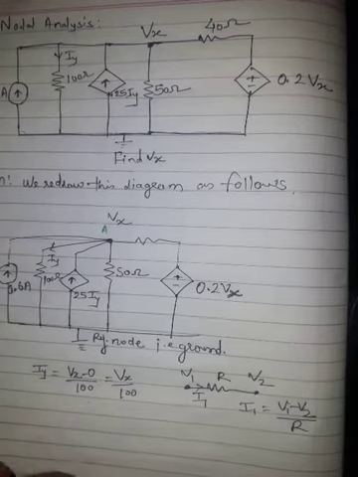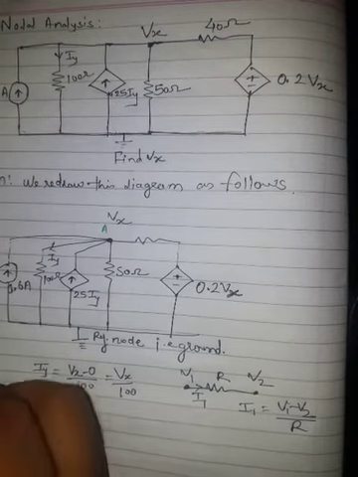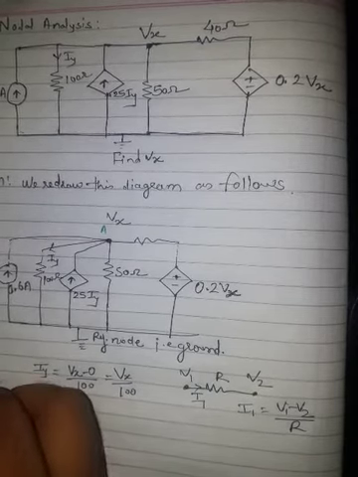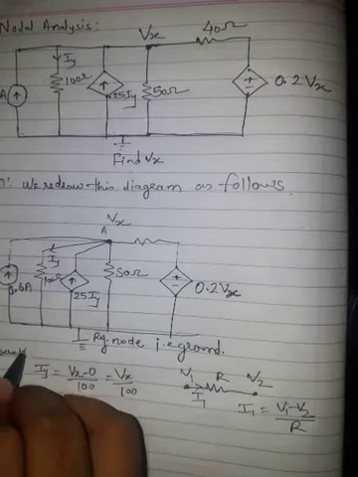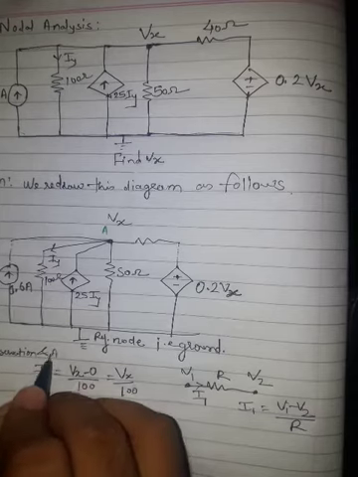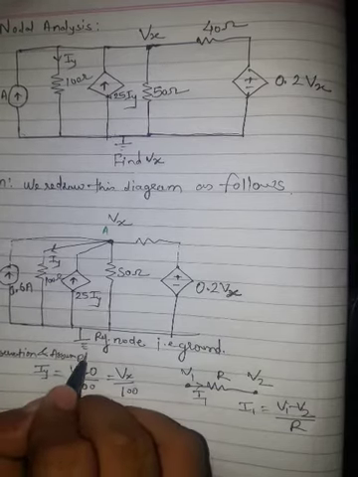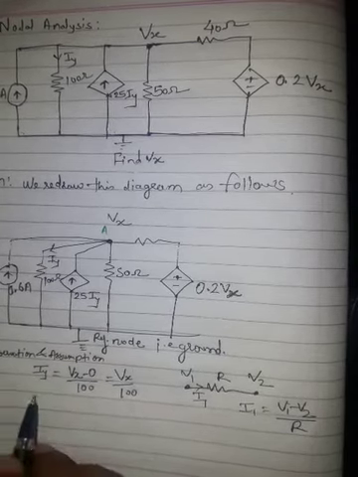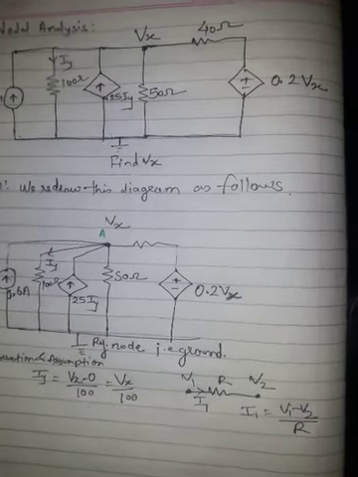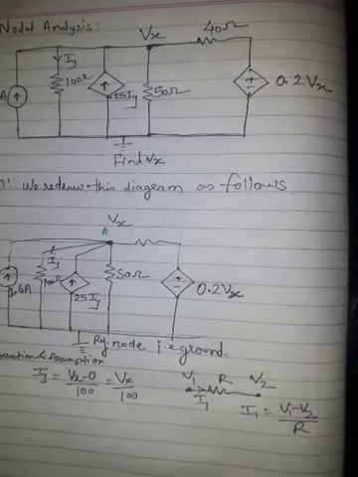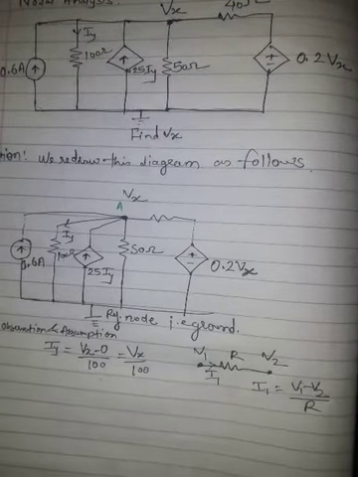So this information I get from the observation. This is our step 1, observation and assumption. From observation we find Iy is equal to Vx by 100. We will use this afterwards.